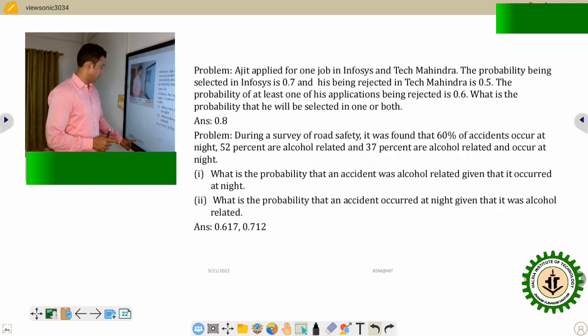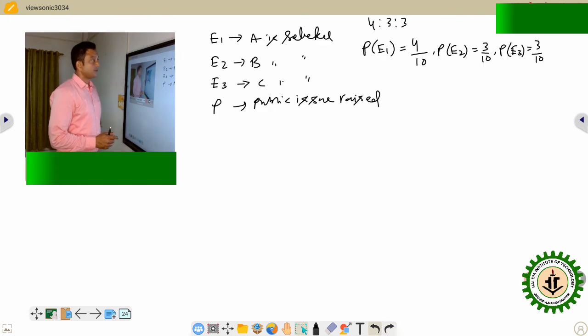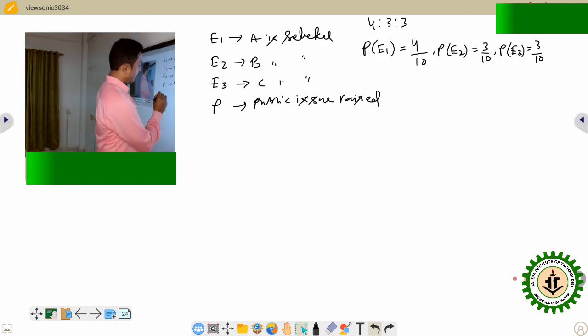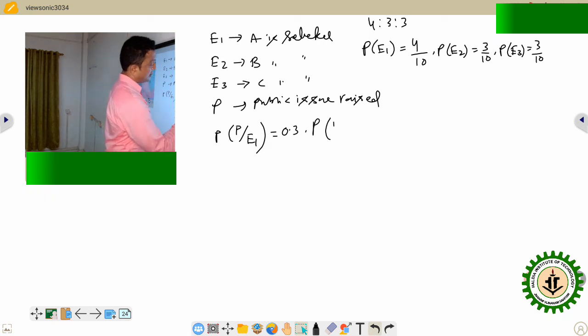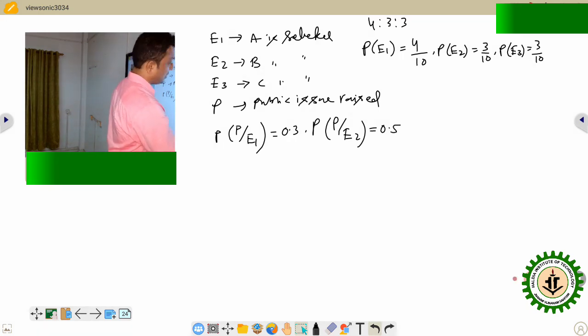So the public issue is raised when E1, when A is selected, is 0.3. Public issue is raised when B is selected, is 0.5, and public issue is raised when C is selected, is 0.8.